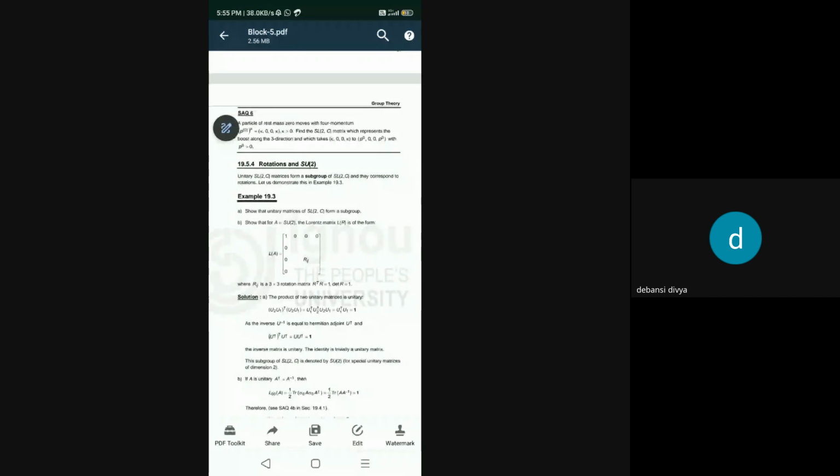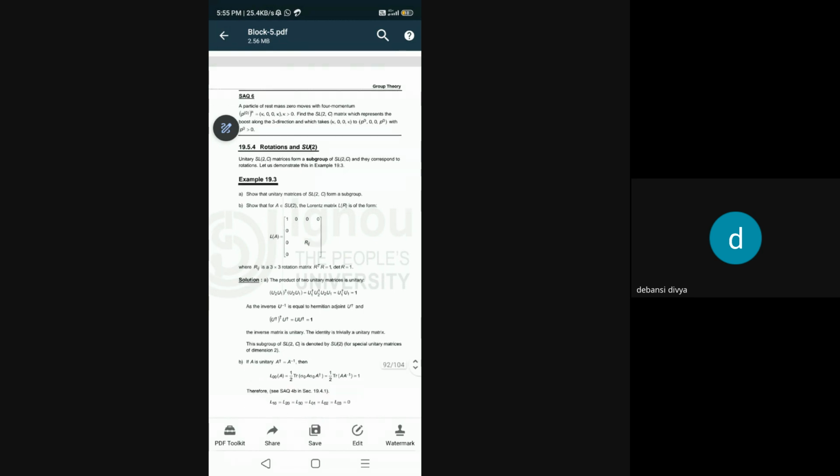And the unitary SL(2,C) matrices form a subgroup of SL(2,C), and they correspond to rotation. By the example shown on the screen, you can understand it. Please go through it. If you are in doubt, please ask.